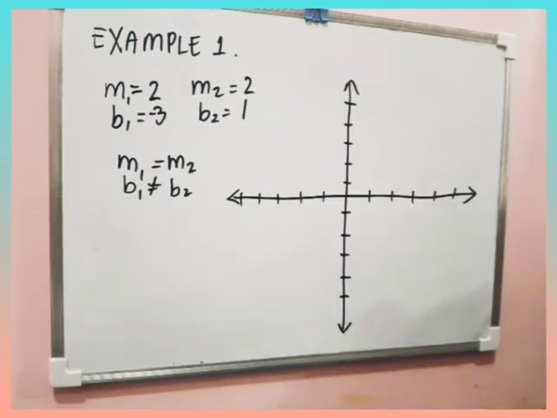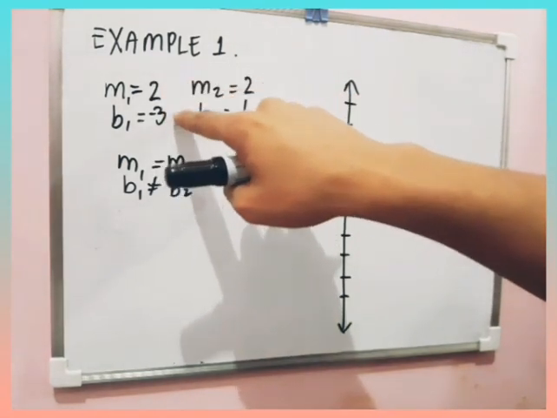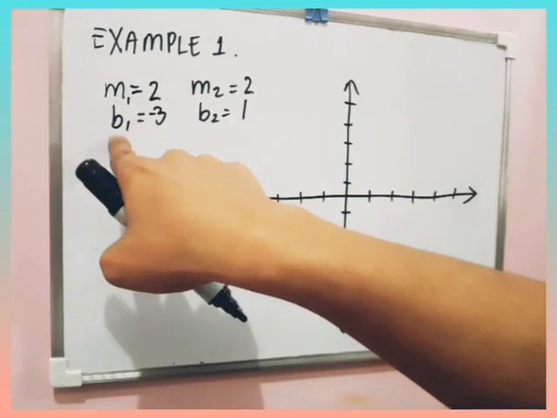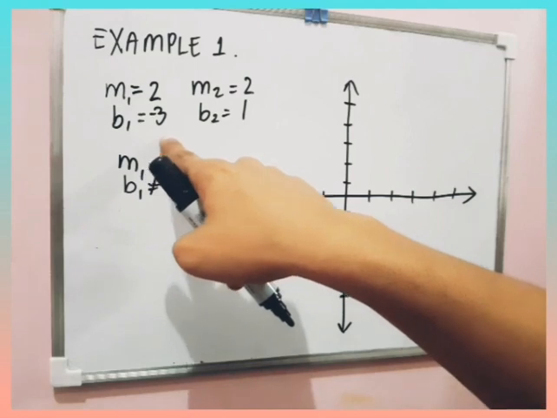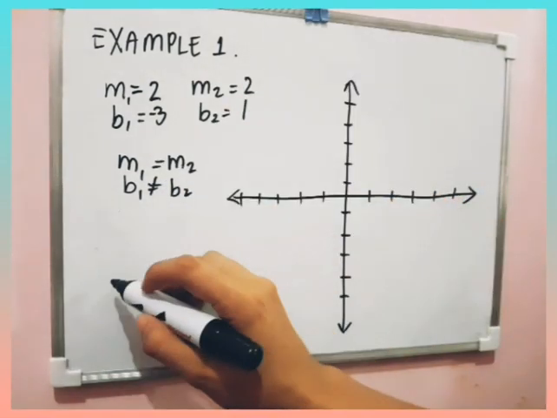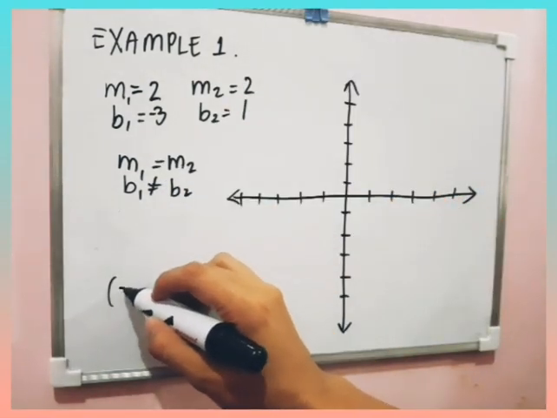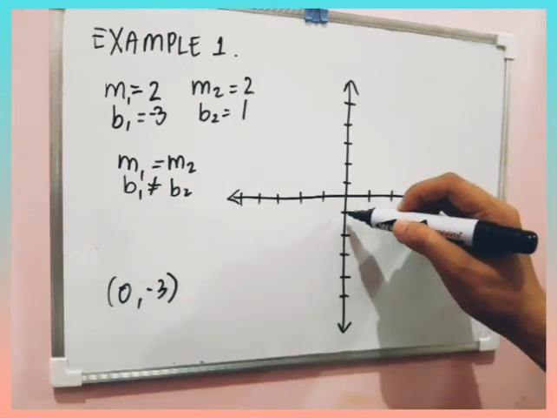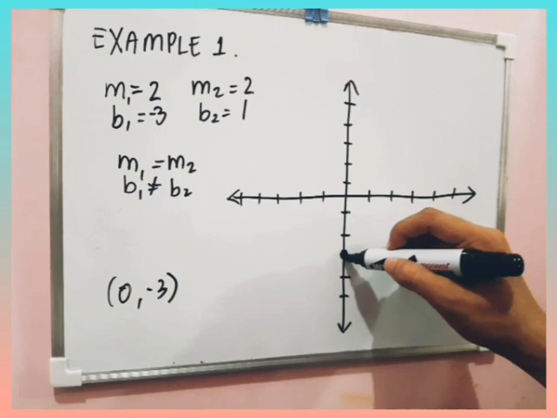Alright, we are now ready for graphing. So first, we have to graph the first equation. So we have y-intercept of negative 3. So it is 0, negative 3, right? So 0, negative 3, 1, 2, 3. It's located in here.